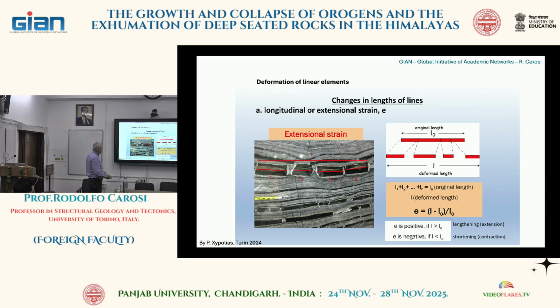You know that we can have a change in length of a line. We observe boudins. Here is a nice example of boudins in Greece by Paris Xipolias. Some more competent layers have been broken into pieces, and each piece is separated with respect to the other.